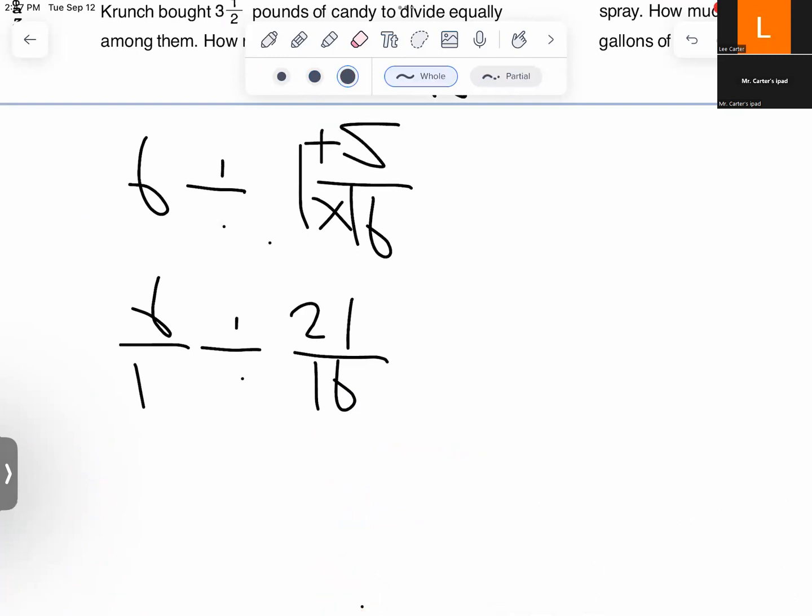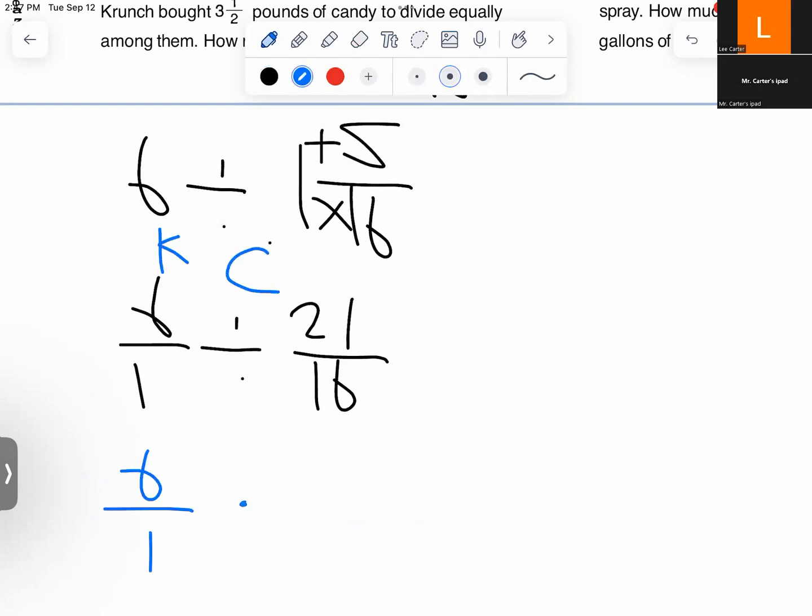All right, here we go. So we're going to keep the first one, 6 over 1, change to multiplication, flip or take the reciprocal of the second one. Now you might not notice this, but there is a 3 common factor here. 6 divided by 3 is 2. 21 divided by 3 is 7.